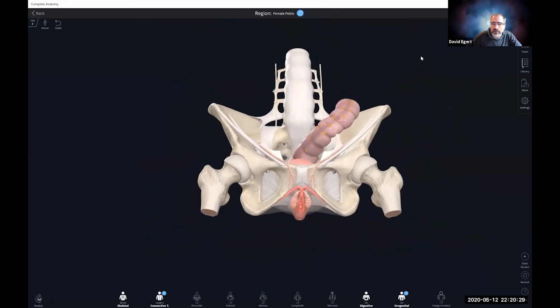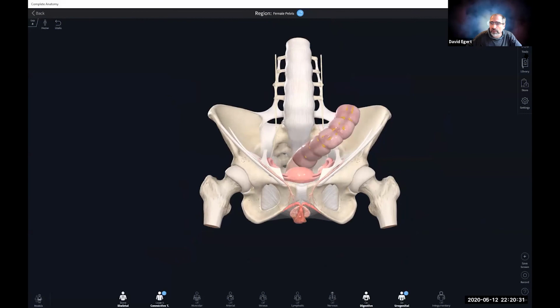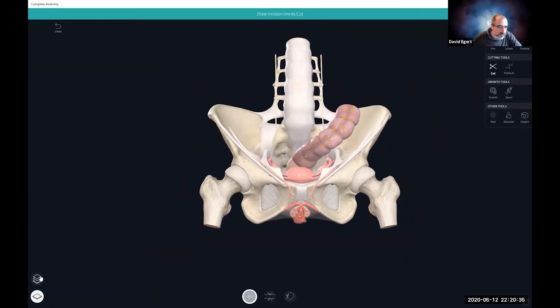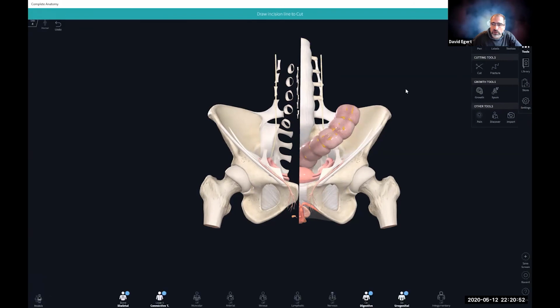I think I can do this. Tools, cut, many layers, and go right up the middle. And then let's get rid of all the stuff, let's turn off the tool.